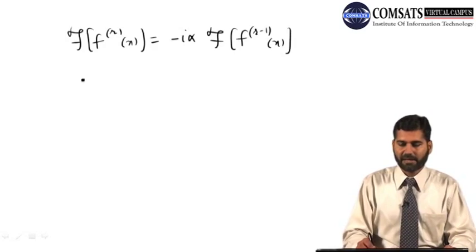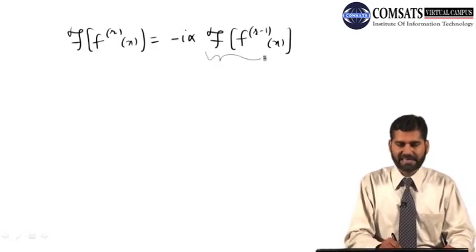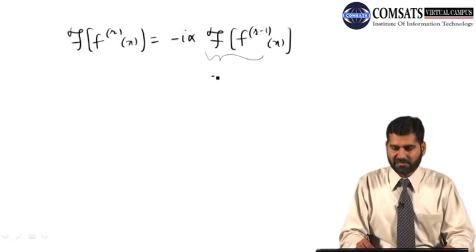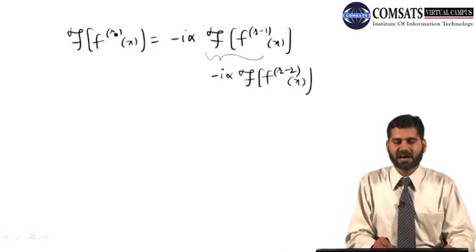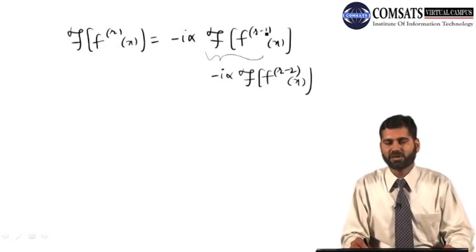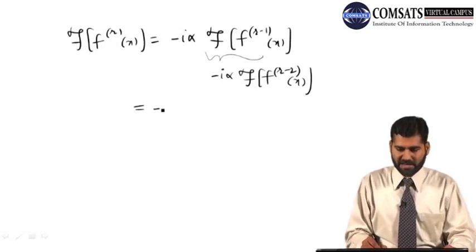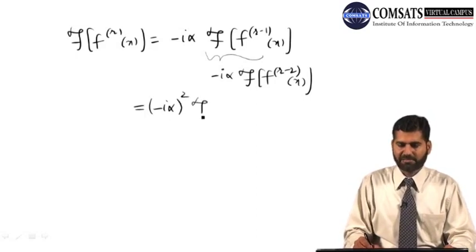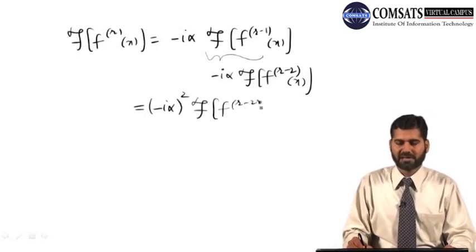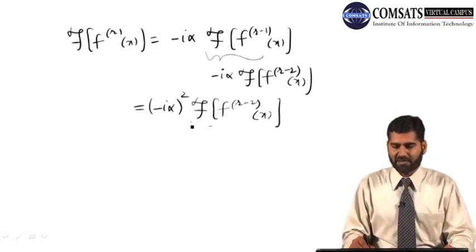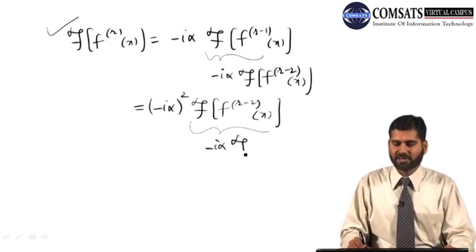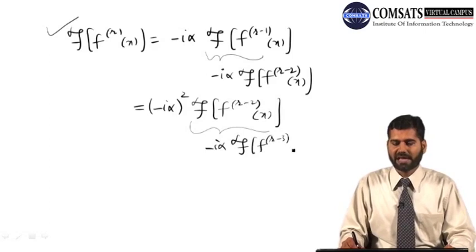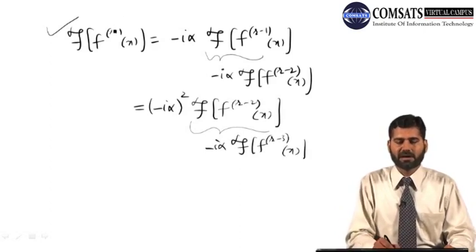Now if I use the exact same expression for f^(r minus 1), it will give me minus iota alpha times the Fourier transform of f^(r minus 2)(x). If I replace r with r minus 1, I get r minus 2. So I got minus iota alpha squared times the transform of f^(r minus 2)(x). Again, using the same expression, I'll get minus iota alpha times the Fourier transform of f^(r minus 3)(x), if I replace r by r minus 2.